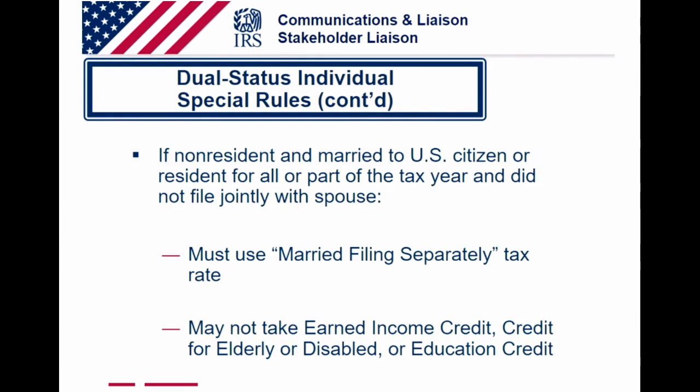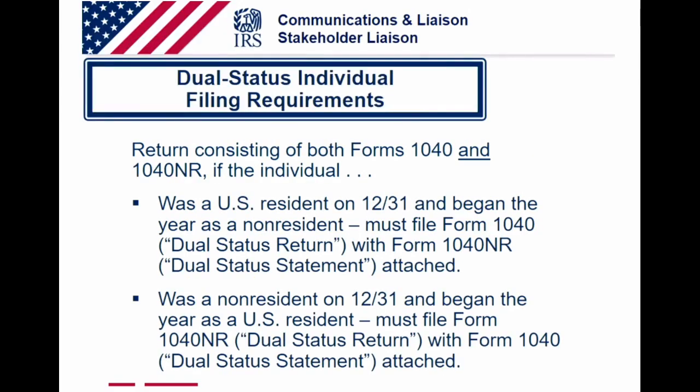And Emma went over those qualifications. A dual status individual who is a non-resident at the end of the tax year, was married to a U.S. citizen or resident for all or part of the tax year, and did not file jointly with their spouse generally must use the married filing separately tax rate and may not claim the earned income credit, the credit for elderly or disabled, or the education credits.